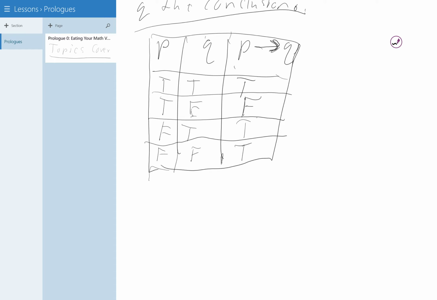There's a book called Rosen, which is a really good discrete math book, and I'm just going to quote it exactly here. A useful way to understand the truth value of this conditional statement, this P implies Q statement, is to think of an obligation or a contract. For example, the pledge many politicians make when running for office is, if I am elected, then I will lower taxes.